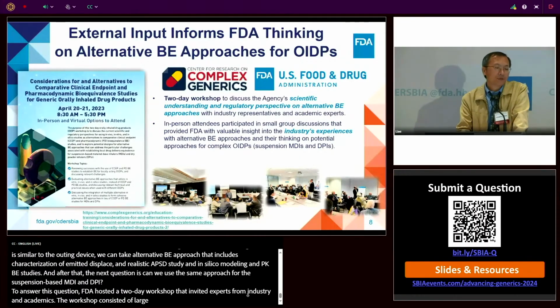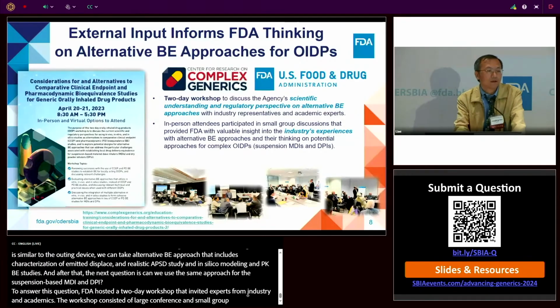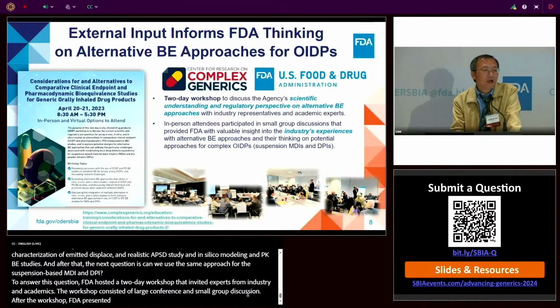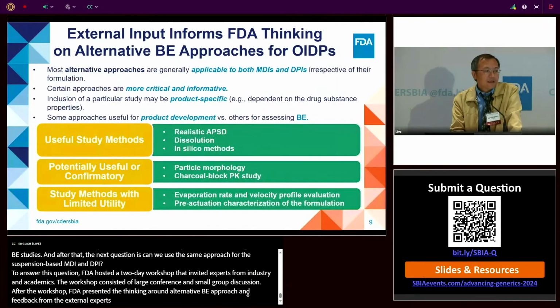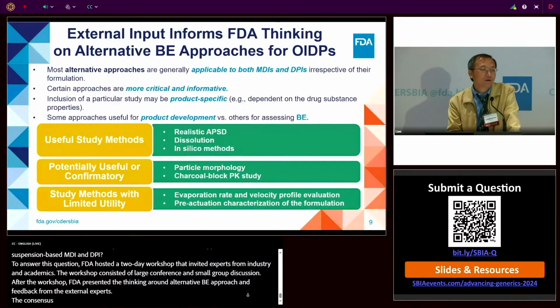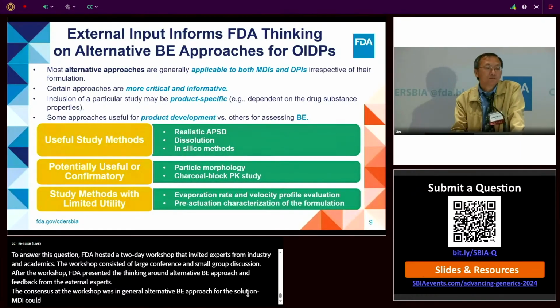At the workshop, FDA presented the thinking on the alternative BE approach and received feedback from the external experts. The consensus at the workshop was, in general, the alternative BE approach for the solution-based MDI could also be used for the suspension-based MDIs and the DPIs.